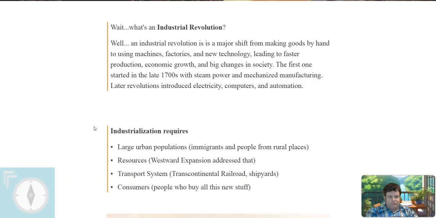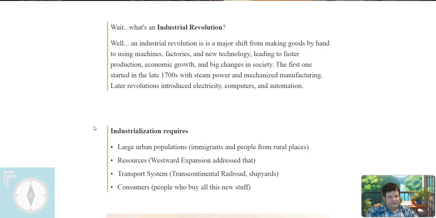Factories, to work in a factory takes up a lot of your time. In this time period, we're talking like 12-hour days. And so if you are a factory worker, you don't have time to grow your own food. You don't have time to make your own clothes. And so as a result, factories do well in cities because the factory worker can do their shift, do their job, and then they can pick up groceries, they can pick up what they need with their factory wage, their factory pay, on the way home from work.